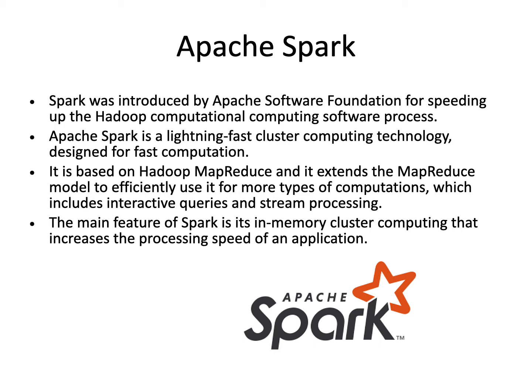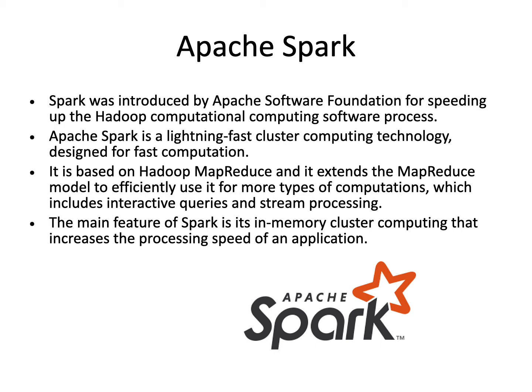So Spark was introduced by the Apache Software Foundation, basically for speeding up the Hadoop computational process. Apache Spark is also known as a lightning fast cluster computing technology, and it is designed for fast computation. It is based on Hadoop MapReduce, and it extends the MapReduce model to effectively use it for more types of computation, which includes interactive queries and stream processing.